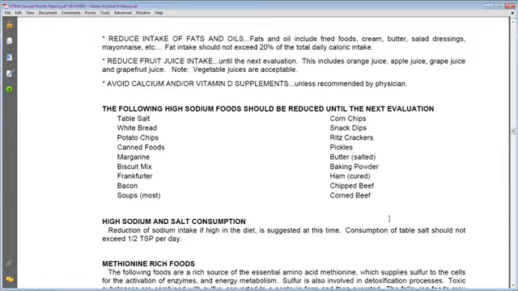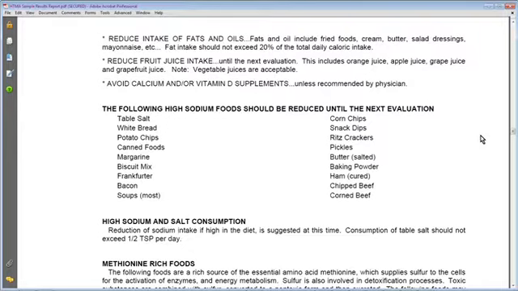The following high sodium foods should be reduced until the next evaluation: table salt, white bread, potato chips, canned high sodium foods. Reduction of sodium intake, if high in the diet, is suggested at this time.